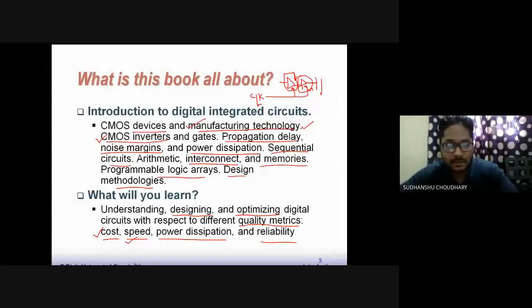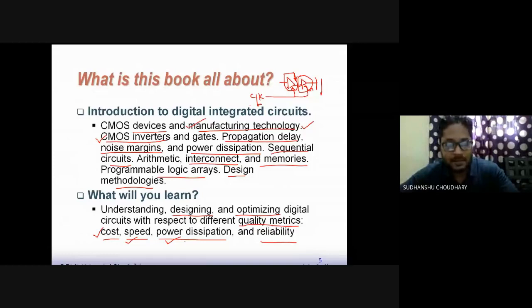Then power dissipation. Yeah. So this is also one of the quality metrics. For example, we are using mobile phones today. The laptops also have batteries. Mobile phones also have batteries, and we don't want our mobile phones or laptops to consume a huge amount of power, right? So we want the battery to sustain at least for a full day. This is only possible when the power dissipation is low.